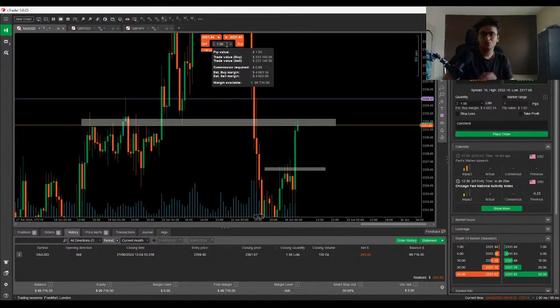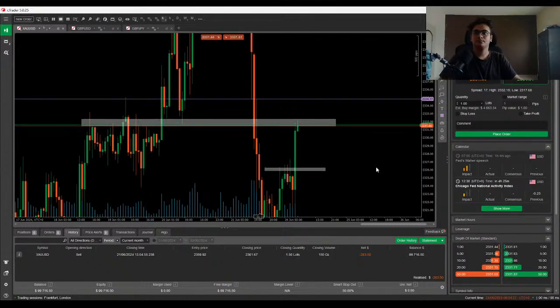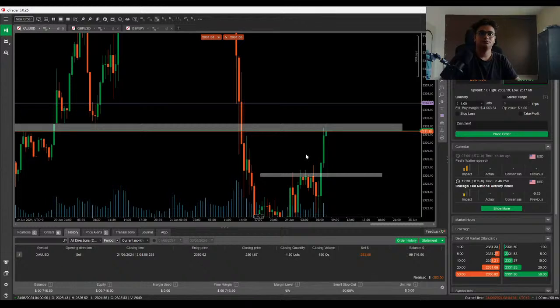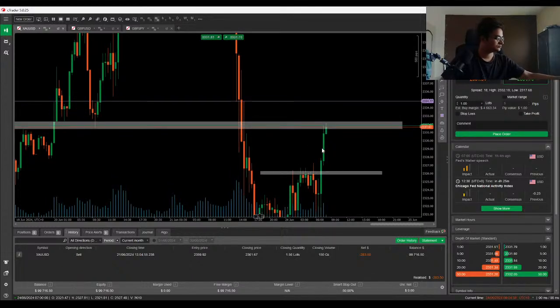And we're gonna use 1.5 as our lot size for a phase 100K funded account. Ooh, price is still continuing up.